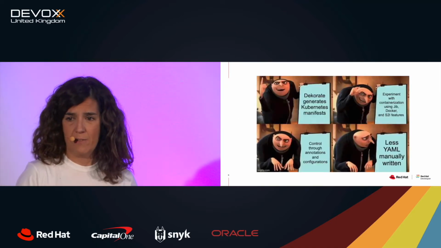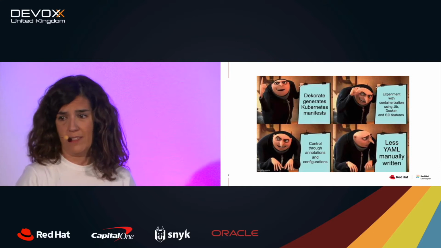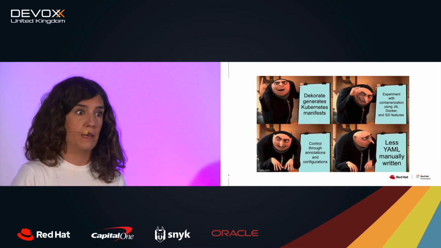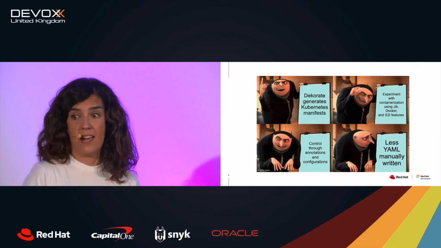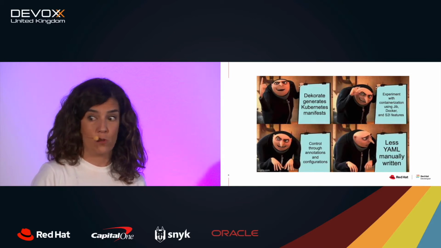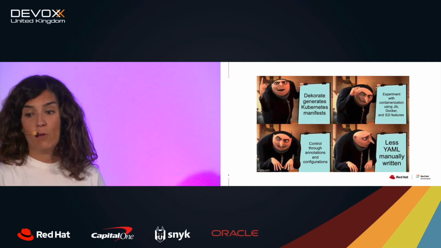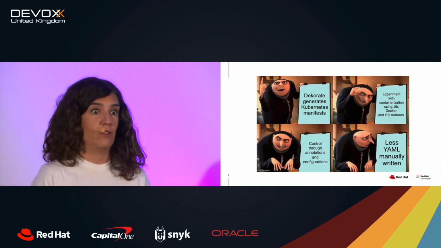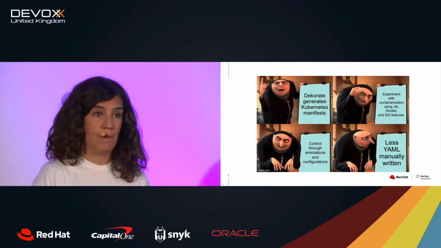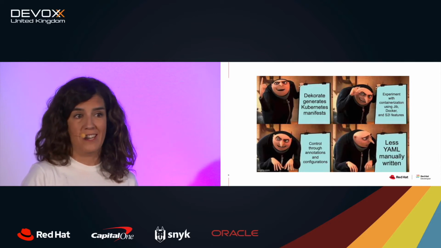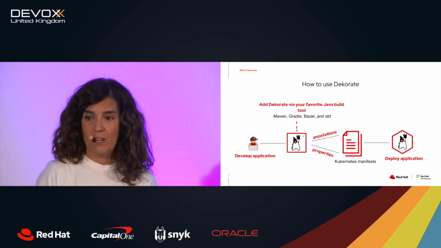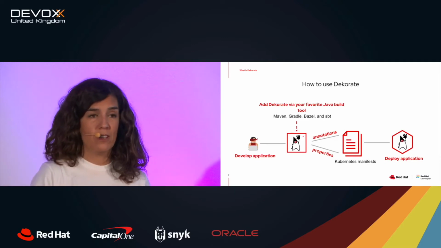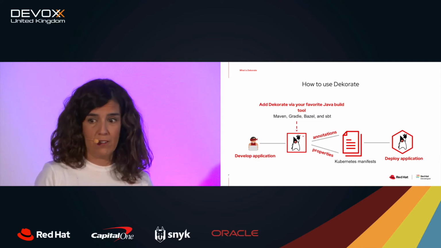So we can generate Kubernetes manifests with Dekorate. We can also experiment with making containers with strategies like Zip, Docker, and S2I. We can customize the manifest with annotations and properties files, but we never need to edit any YAML file. How can we use Dekorate? To use Dekorate, we first need to add a jar in the class path to enable Dekorate.